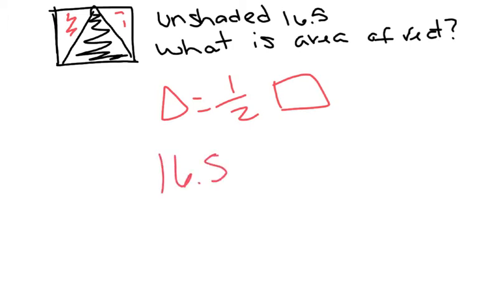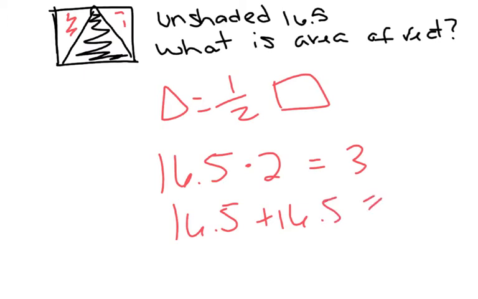So that would be 16.5 times 2, or 16.5 plus 16.5. That works as well. They both would equal 33. Okay, so just again, that relationship between the area of the triangle versus the area of the rectangle.